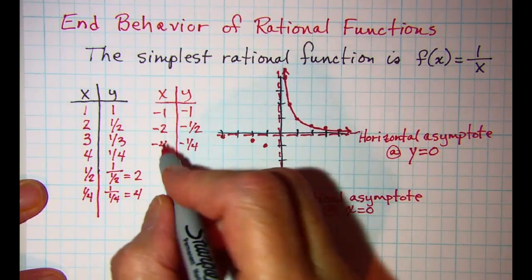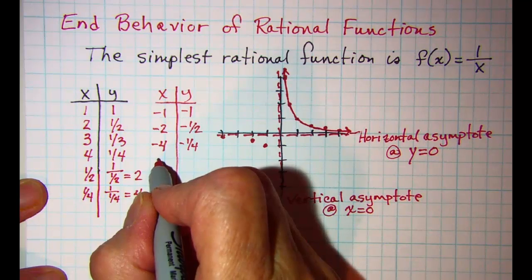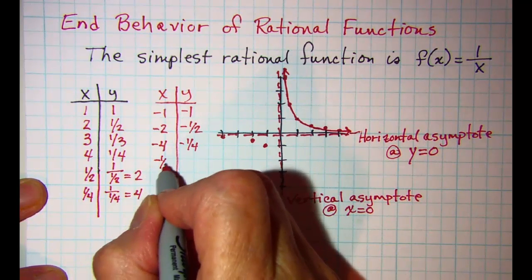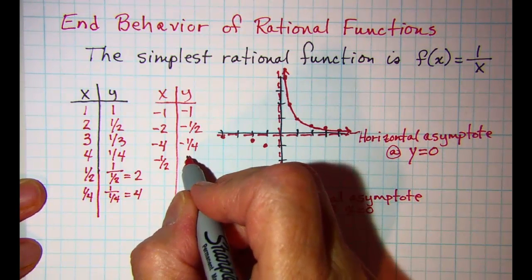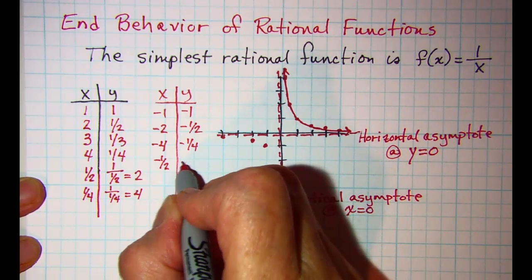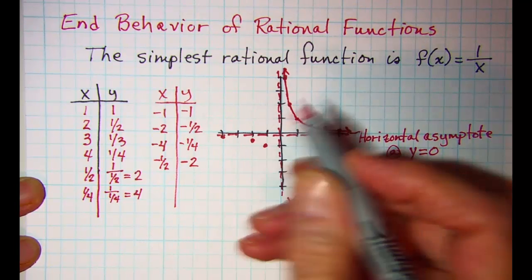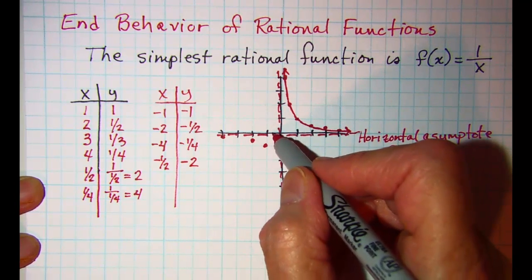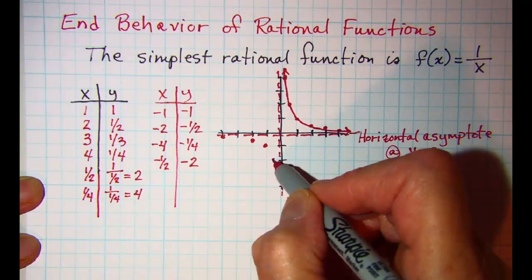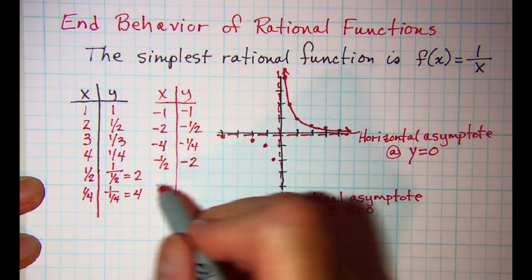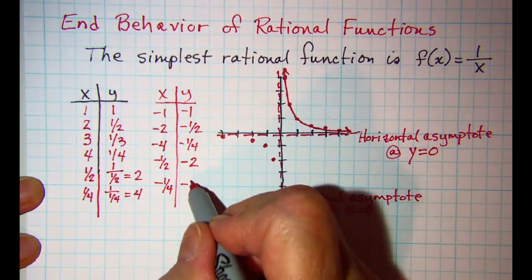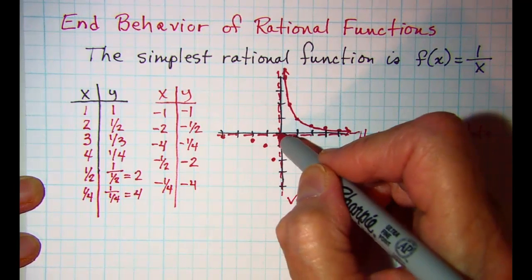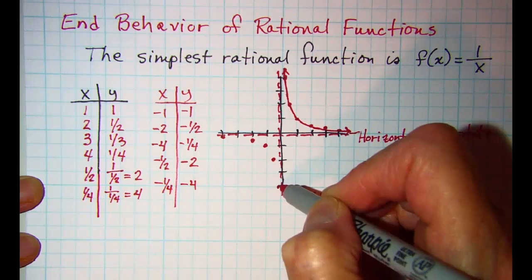Let's do a fraction also. When x is negative 1/2, we have 1 divided by negative 1/2, which would be negative 2. So when x is negative 1/2, y is negative 2. And when x is negative 1/4, y is going to be negative 4. So I'll leave this point right here.